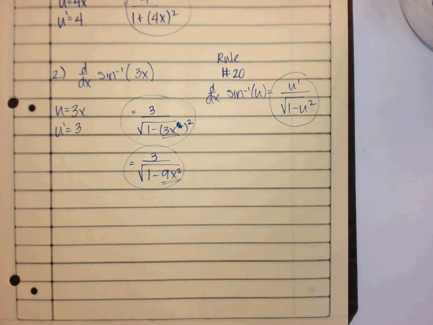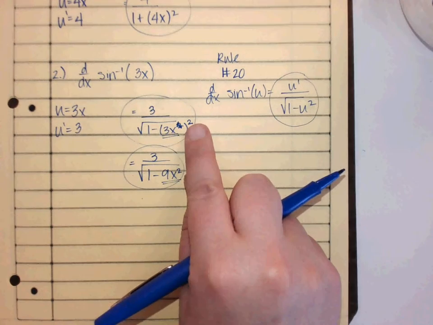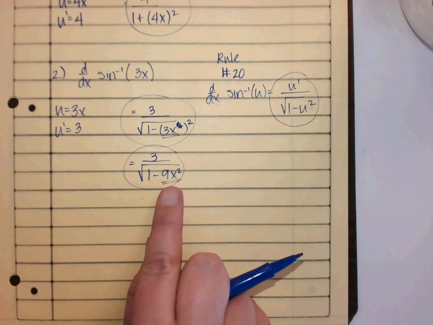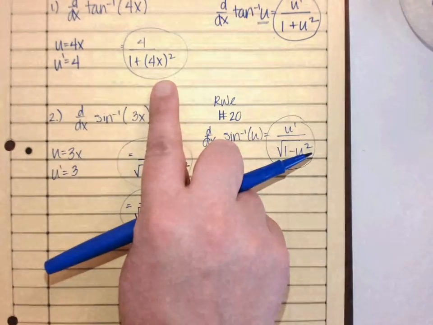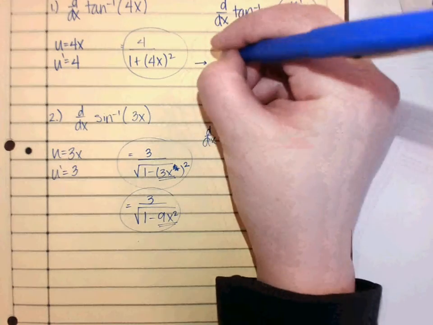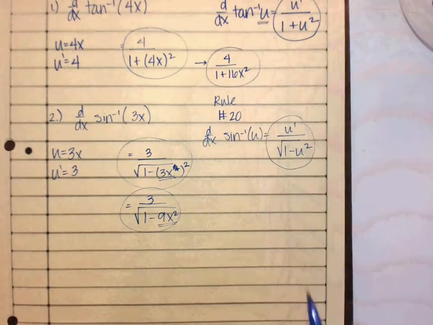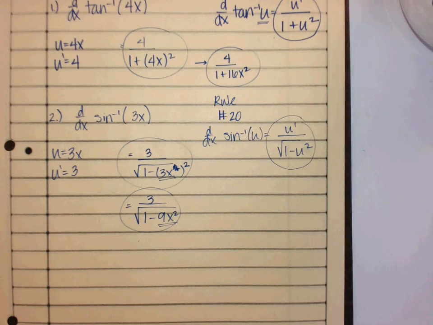So if I put my squared here, that's wrong. If I put it on the outside, it squares both of the inside terms. So for example, up here, how would I rewrite this one? That'd be 4 over 1 plus 16x squared. Okay, so just make sure that you're aware of that as kind of like a trick that they could do.